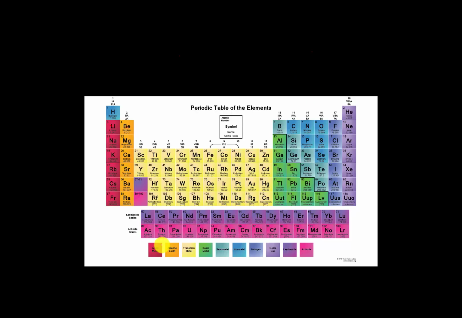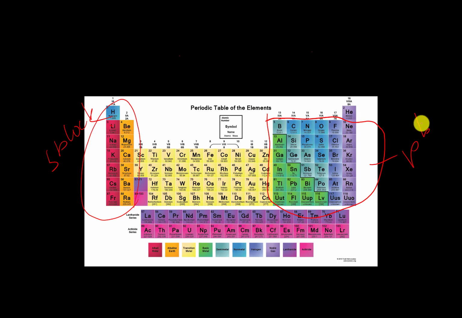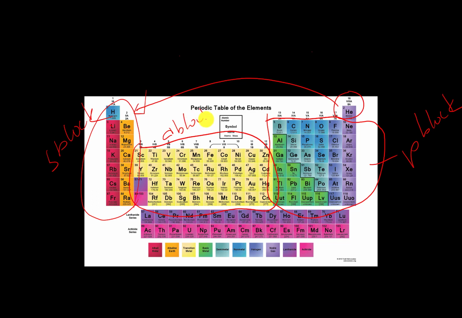If this was your periodic table, you can write that this is the S block, this is the P block, and notice I'm carefully leaving out helium, because helium really should be right over here when we're using this method. In the middle here, this is called the D block, and down here is the F block.